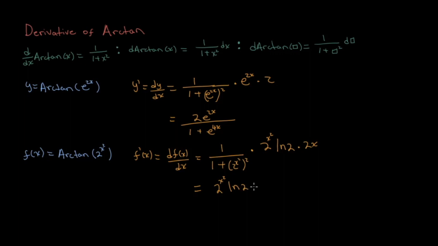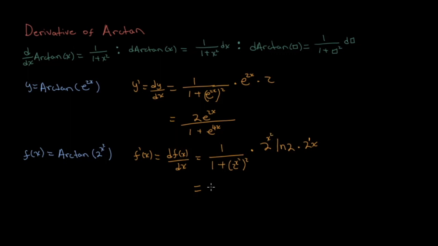Also, one thing I should mention is you can think of this 2 here as having a 1 above it. So to make it look even neater, we can simplify it by just adding these two exponents, so x squared plus 1.